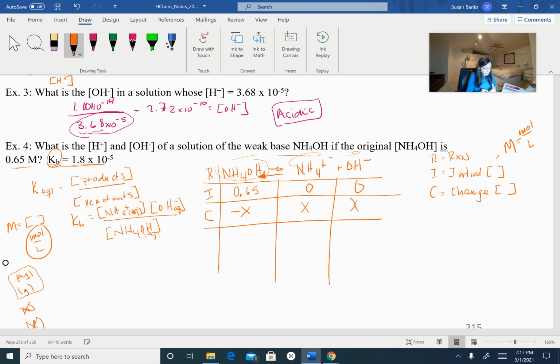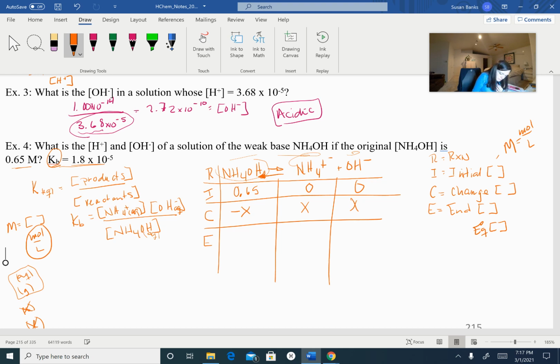And then the last line is E. This is my end concentration or my equilibrium concentration, okay? So my equilibrium concentration is really the sum of the I, my initial line, and the change line.